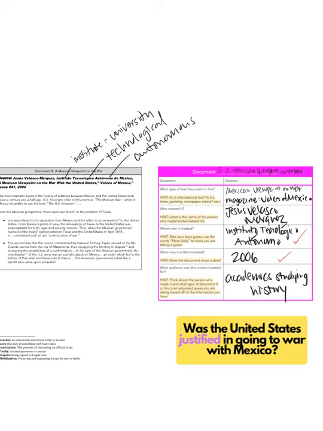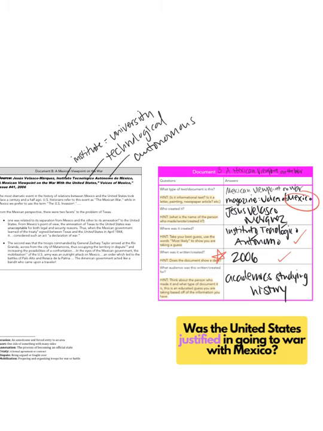Thinking about the perspective and context for each document will always help you better understand secondary sources like this one. Knowing that this document was written in 2006 in Mexico will help you understand how the perspective might be different from document A, which was written by an American president in 1846.